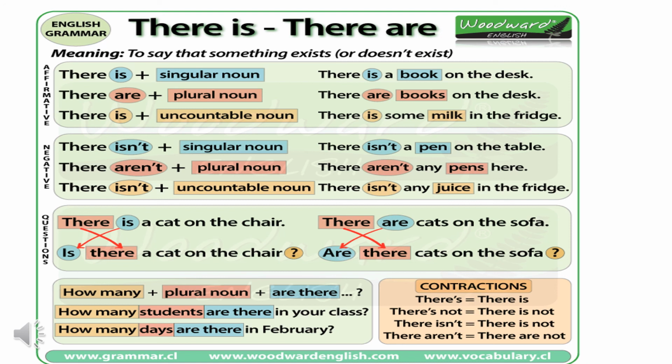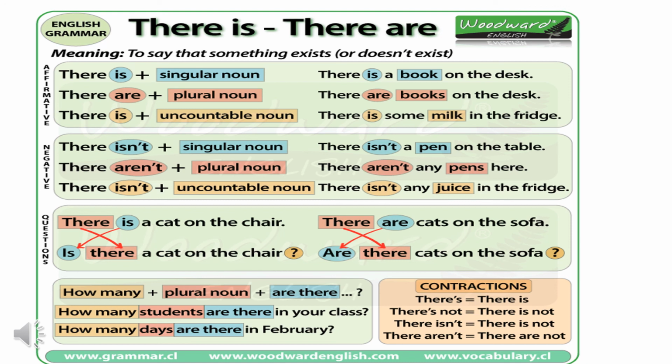I said there is a cat on the chair. Now, if I want to start with the word is, then I'll say, is there a cat on the chair? With a question mark.